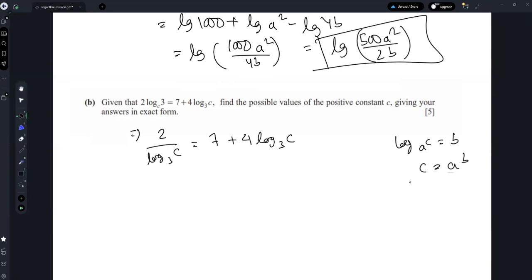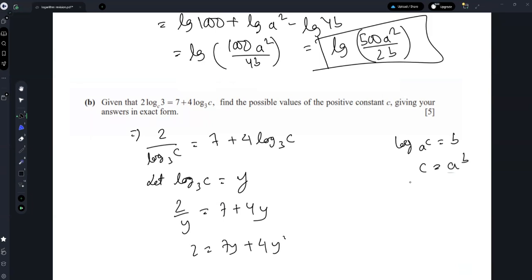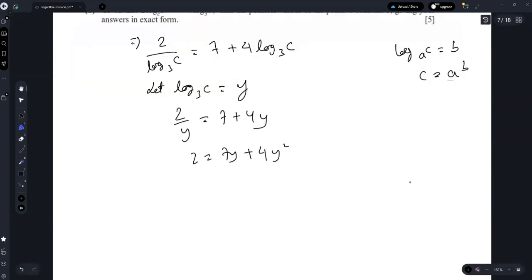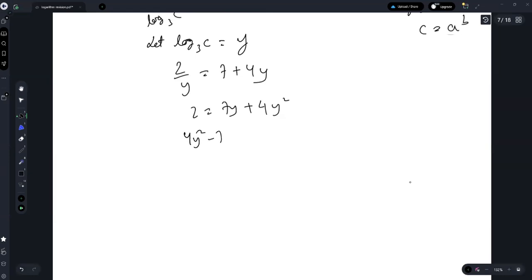Now, just for ease, I realize that if I put this there, I'll get a quadratic expression again. So I'll just let log base C of C equal y. So we get 2 by y equals 7 plus 4y. 2 equals 7y plus 4y squared. Therefore, 4y squared plus 7y minus 2 equals 0.